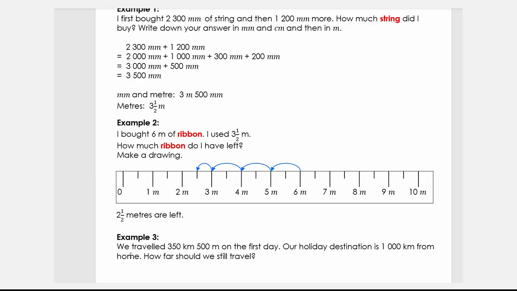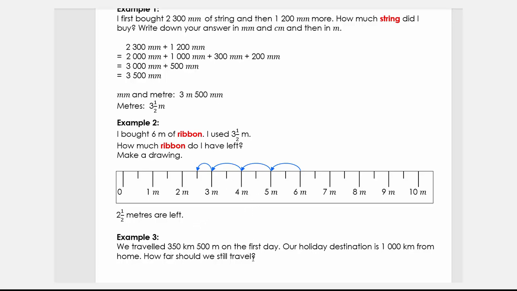Then what we have is the last one. We have traveled 350 kilometers and then 500 meters on the first day. Our holiday destination is 1,000 kilometers from home. How far should we still travel? So I want you to do a similar activity here by using a number line.